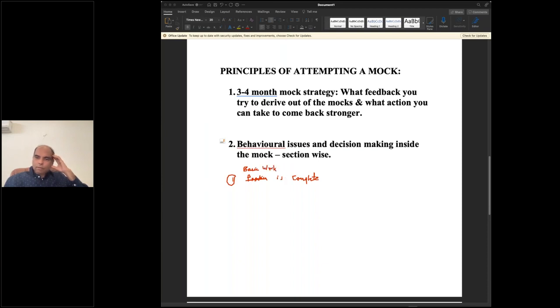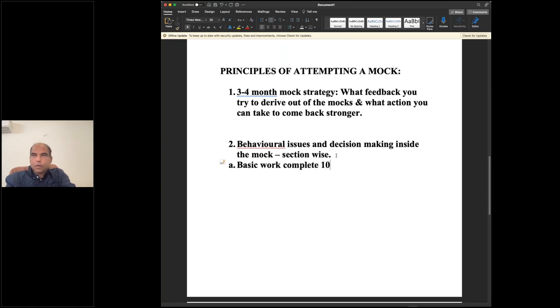Right? So if I define the kinds of people who would be preparing for CAT 23 right now, we would have basic work complete 100%. Of course, there's nothing called 100%, but you've actually gone through all the questions, all the question types, all the chapters in maths. It's all happened, right?